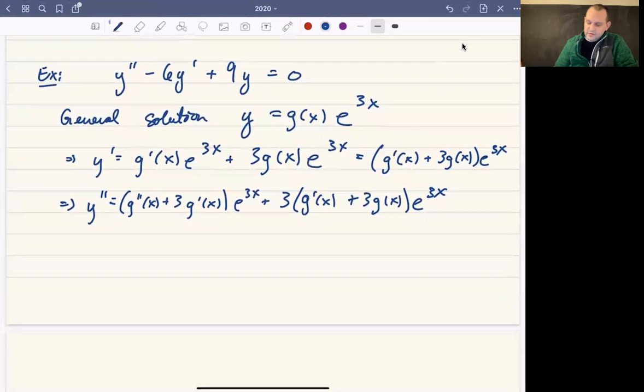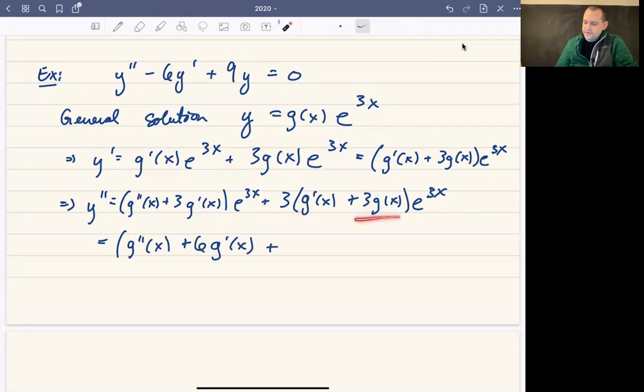And then if we collect everything, we're going to end up with g double prime plus 3g prime plus 3g prime, which is plus 6 g prime of x, and then our g of x term is going to be 9 g of x. And that's e to the 3x.